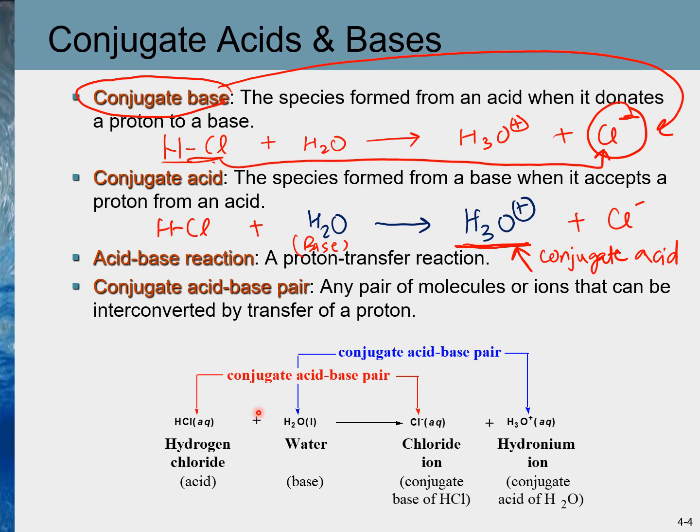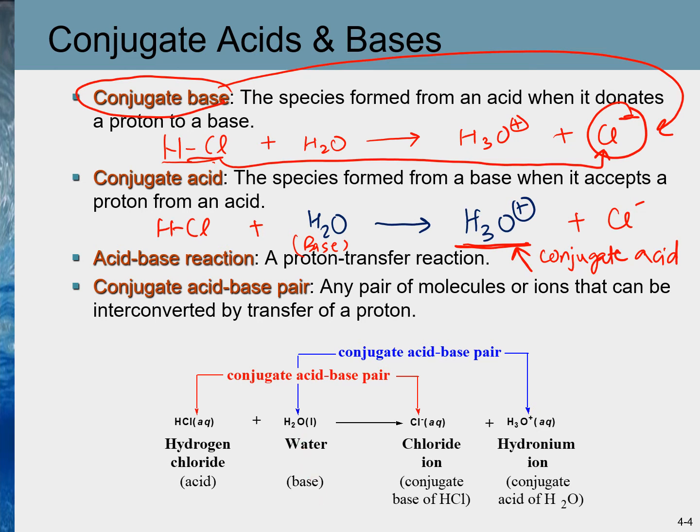The relationship between acid-base conjugate pairs is represented in this reaction. We can see that HCl is donating a proton to water. Therefore, HCl is a proton donor, hence it's an acid, and water is a proton acceptor, hence it's a base.